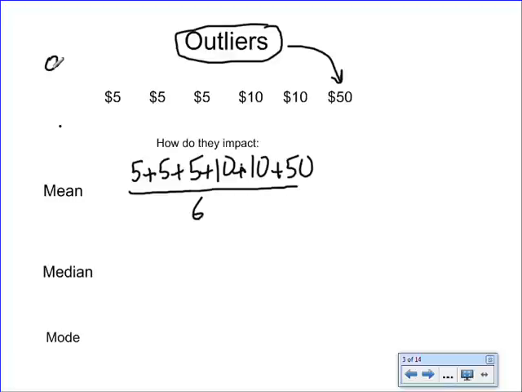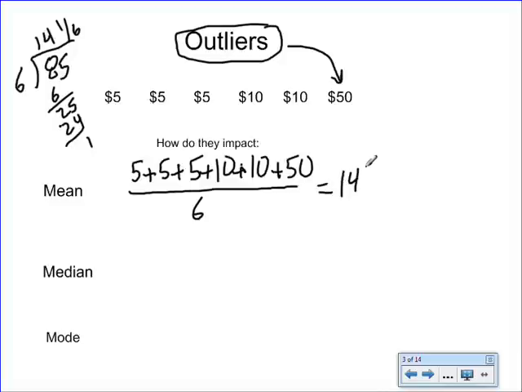Remember, long division: 6 goes in there 1 time, and then 6 into 25 goes 4 times. 4 times 6 is 24. And then it's going to leave me with 1/6, 14 and a sixth. So my average is 14 and 1/6 dollars. So it's what, 16 cents or something like that.